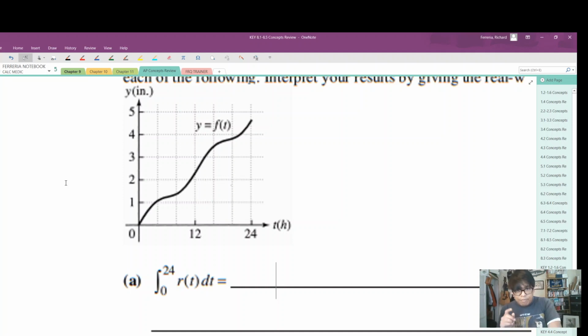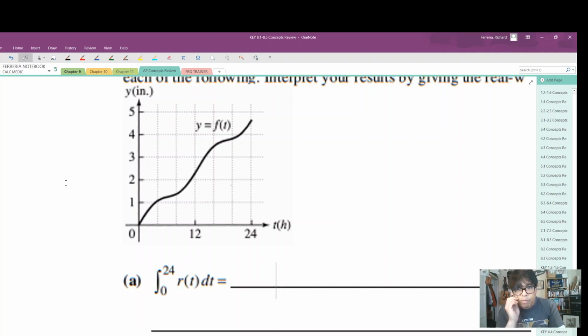R of T is given as the rate of rainfall in inches per hour. So if we integrate R from 0 to 24, what we get effectively is the amount of rainfall over those 24 hours. So how much rainfall is in those 24 hours? Well, F of T gives us the number of inches of rainfall T hours after midnight.